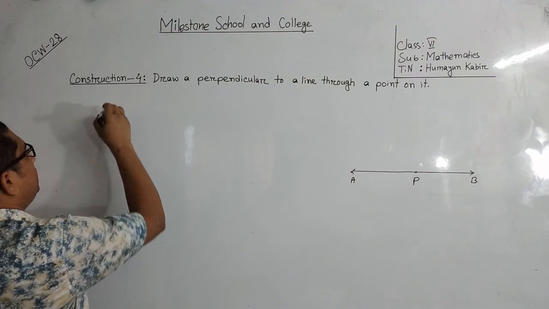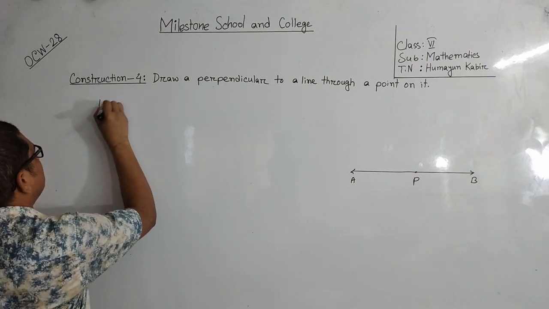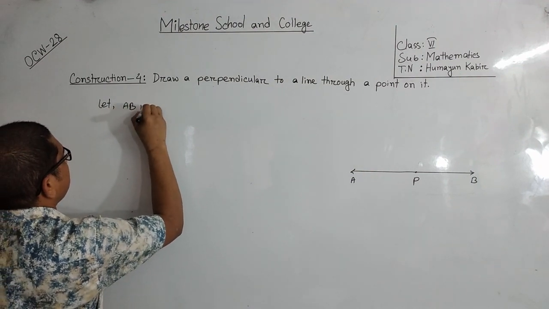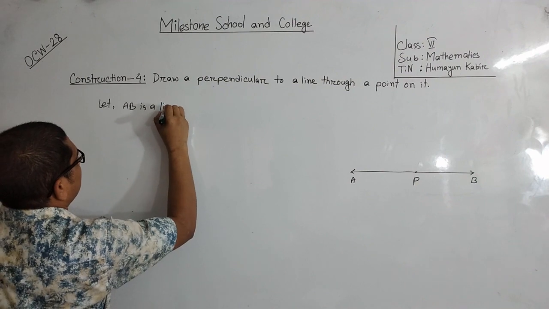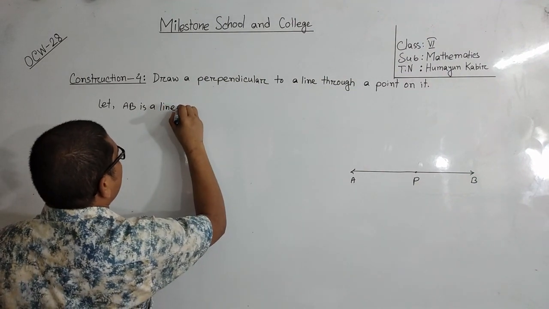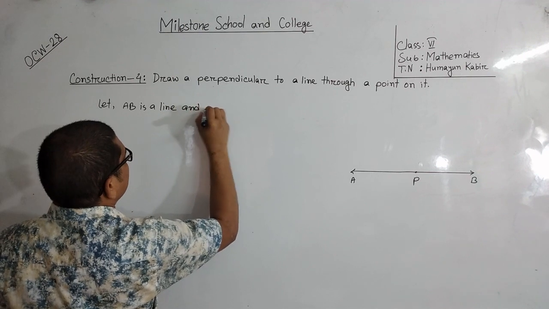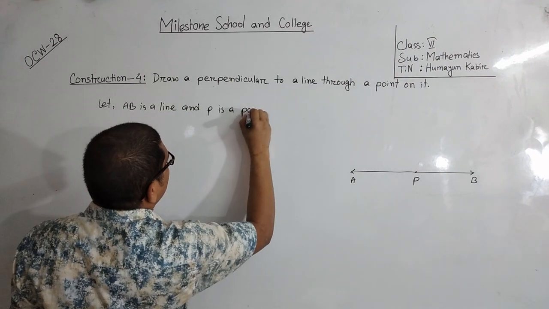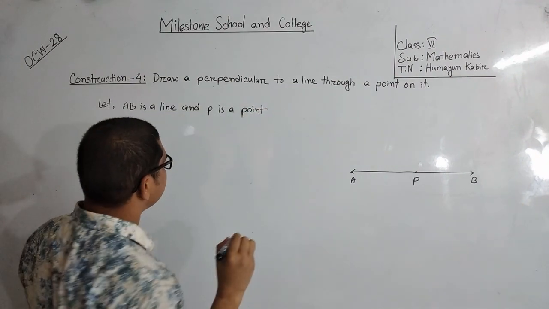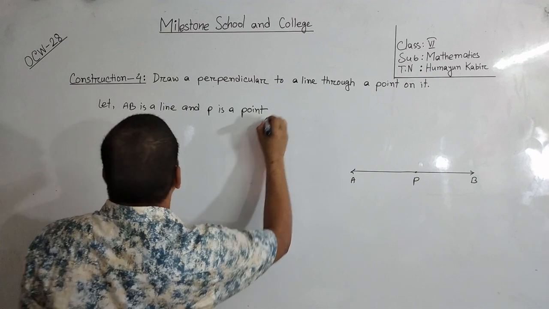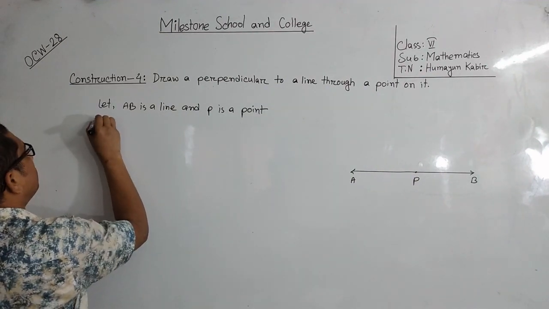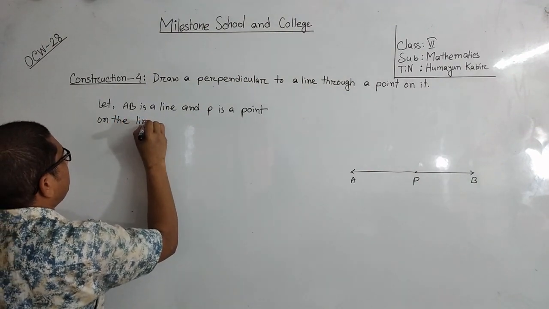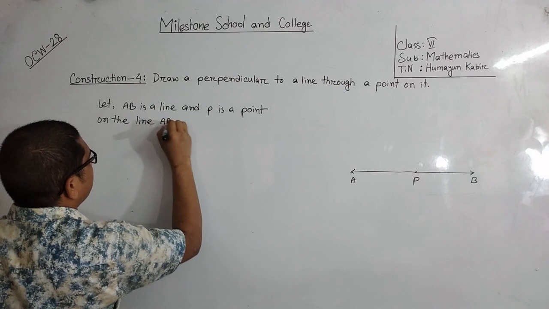Let AB be a line and P be a point on the line AB.